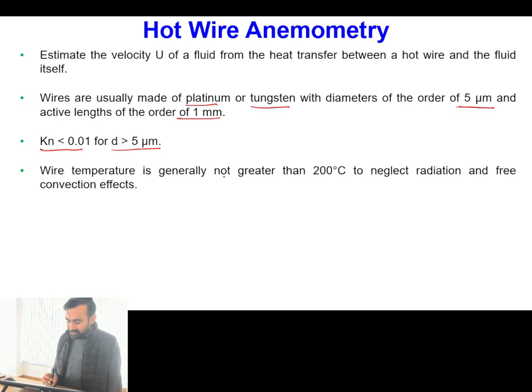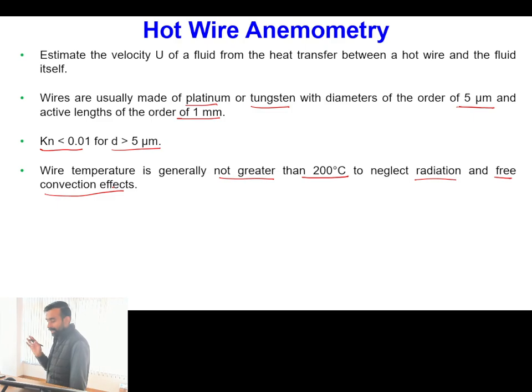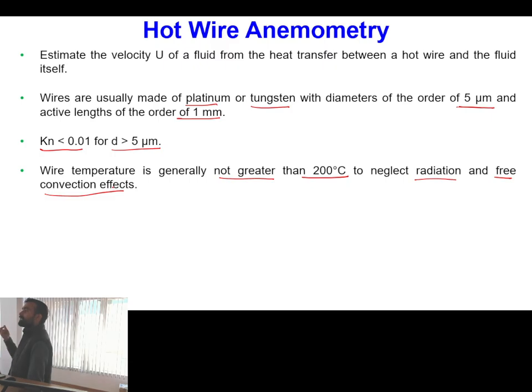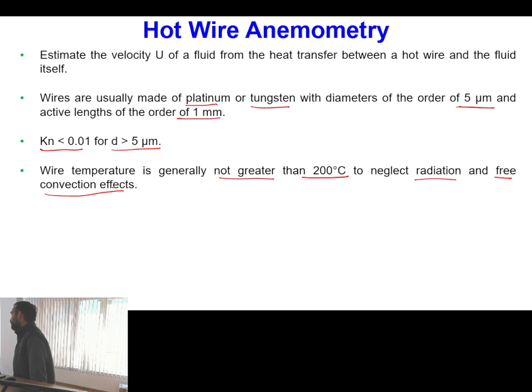So wire temperature is generally not increased more than 200 degrees Celsius in order to neglect the radiation and free convection effect. So over here we have to understand, whenever we try to design any measurement method, our idea always is to operate that method in such a way so that the uncertainties and errors associated with the method should be least.